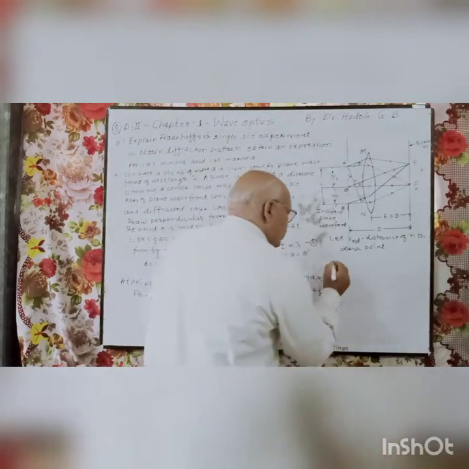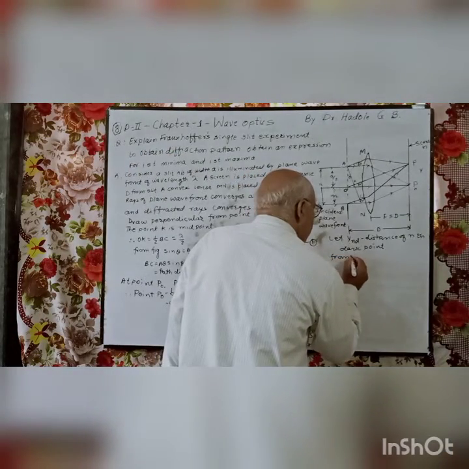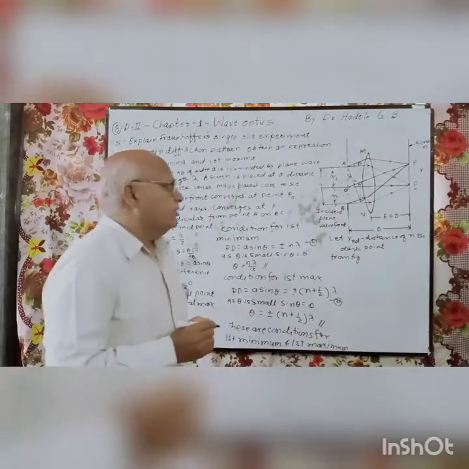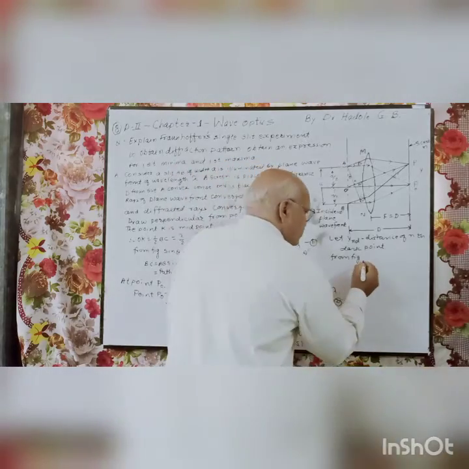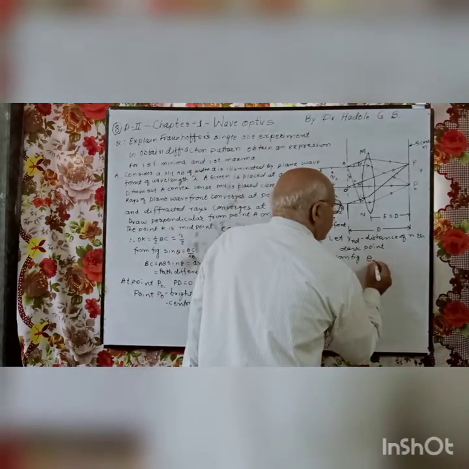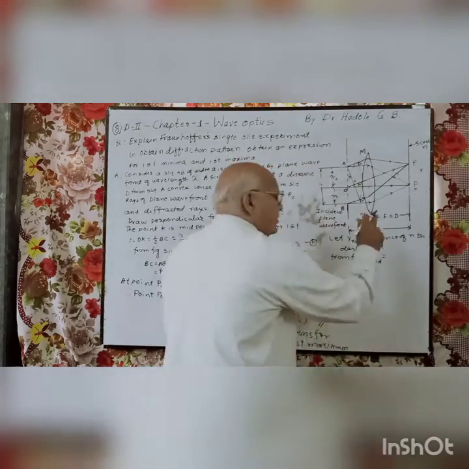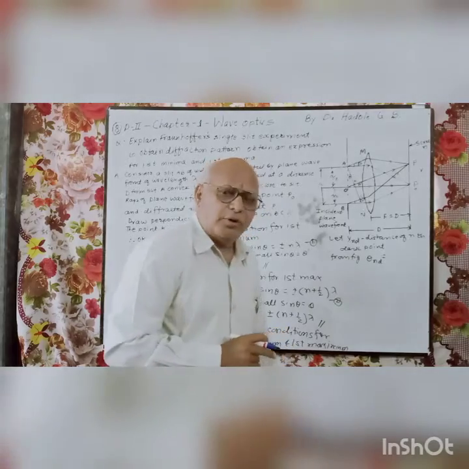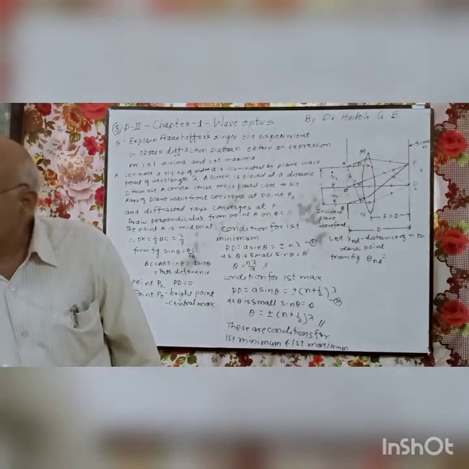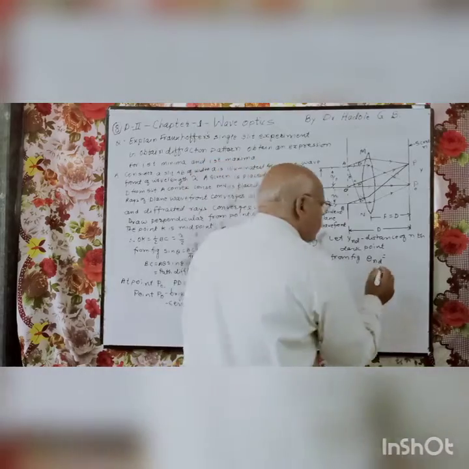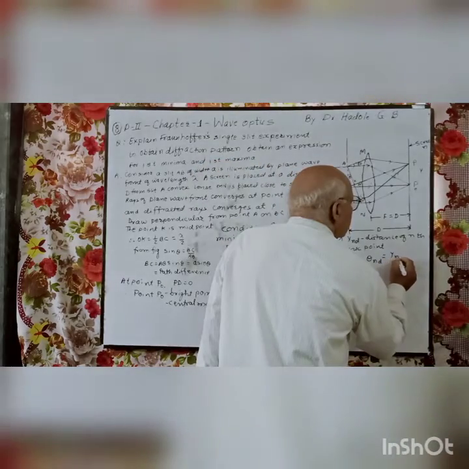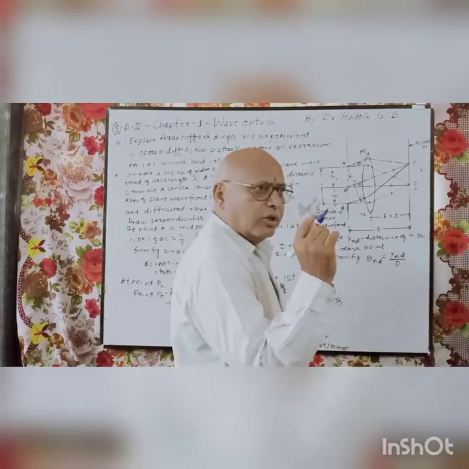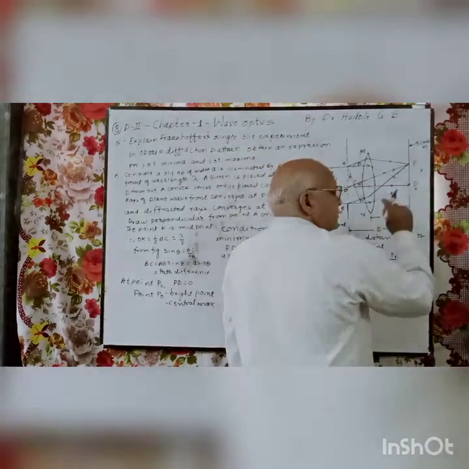Now from the figure, we write theta nd for the dark point. The angular separation of the nth dark point is equal to y nd upon capital D. Look at this, this is the y distance.